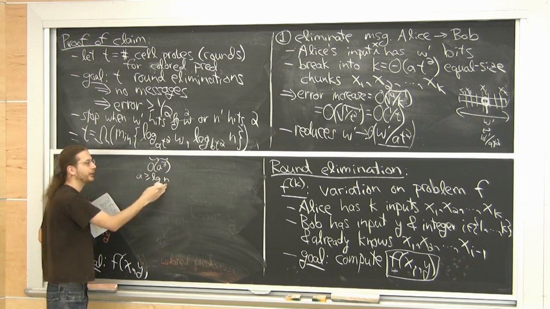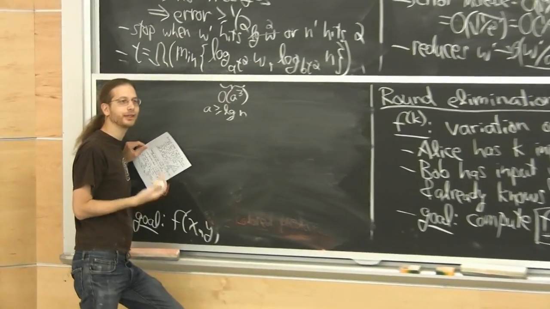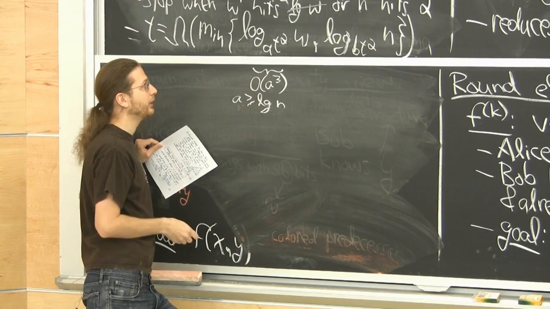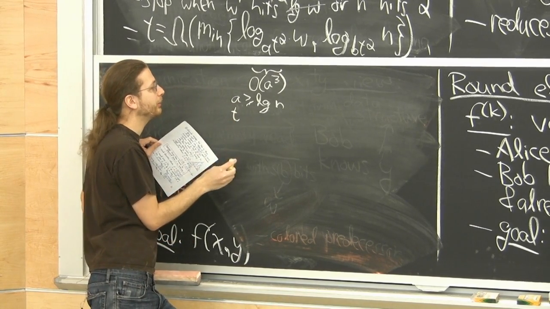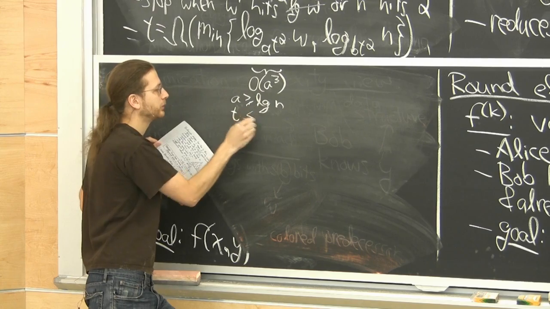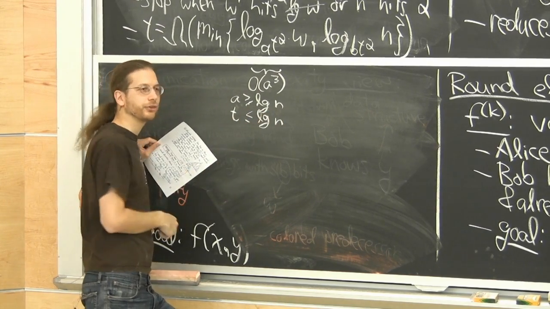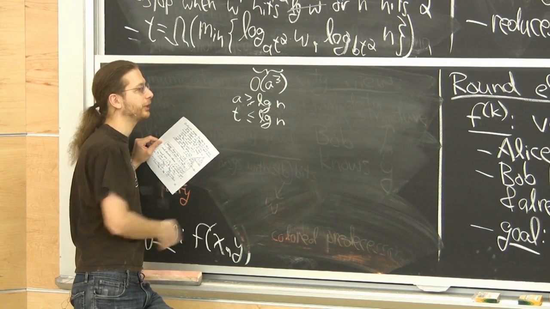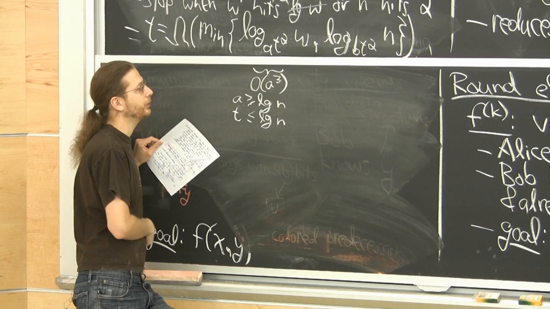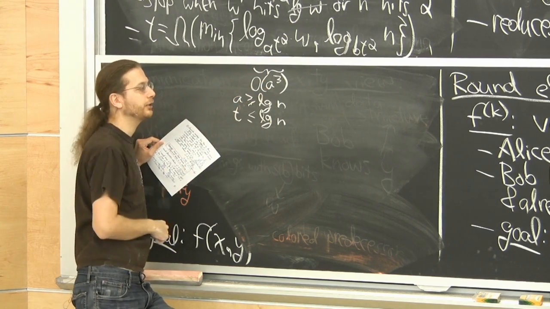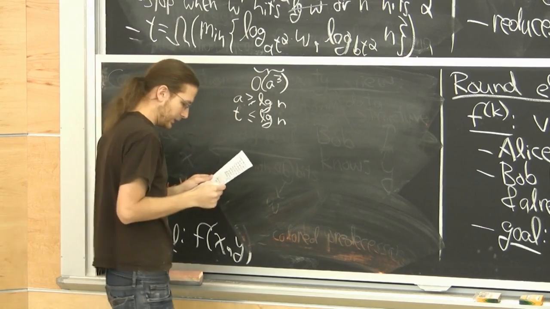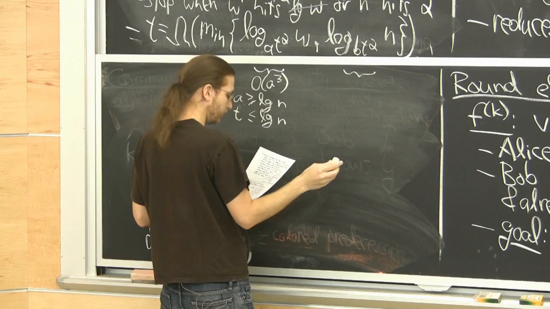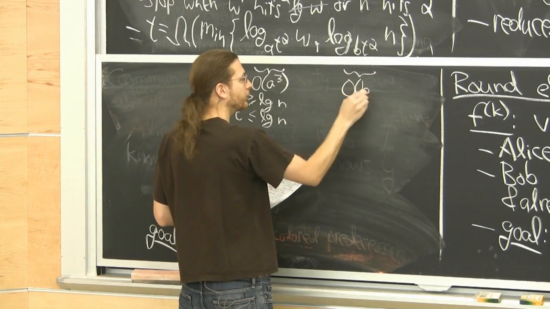You have to store the data, so you need at least N words of space. A is log of that, so it's got to be at least log N. And furthermore, T is at most log N. Why? Because there is a predecessor data structure that runs in log N time per operation, namely balanced binary search trees. Okay, so AT squared is at most A cubed.